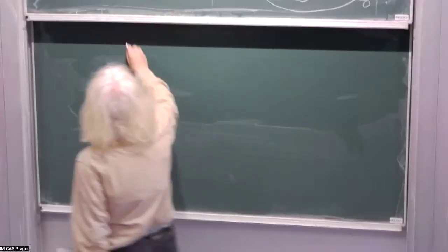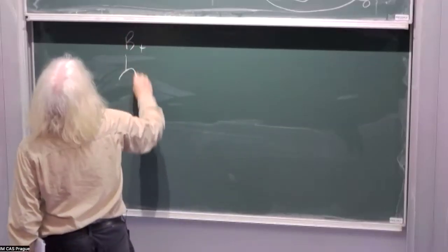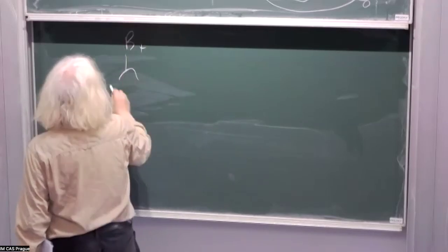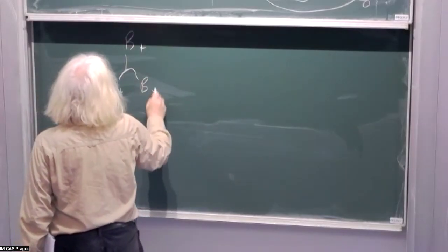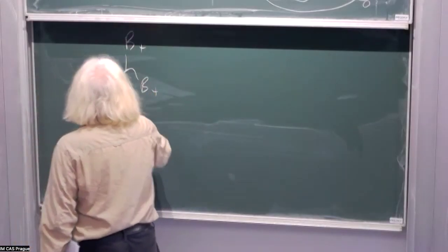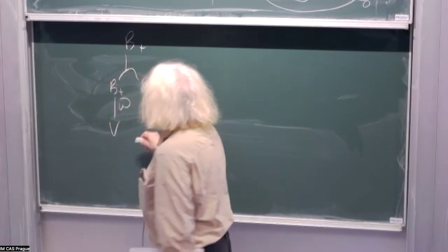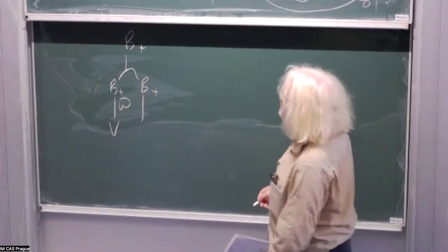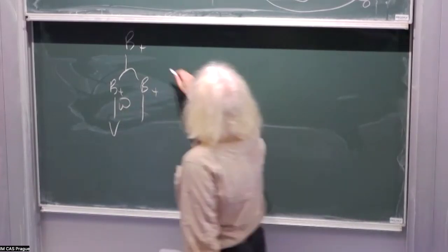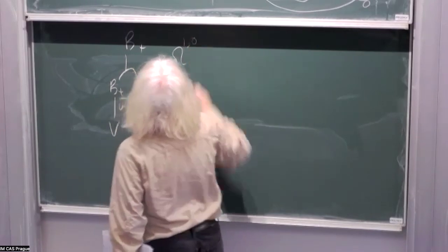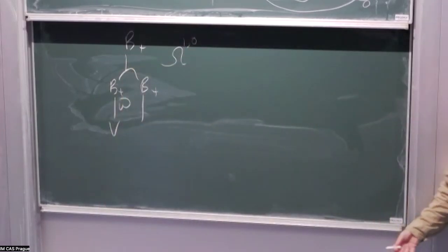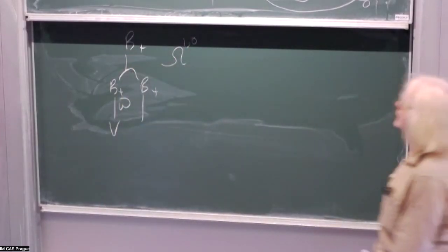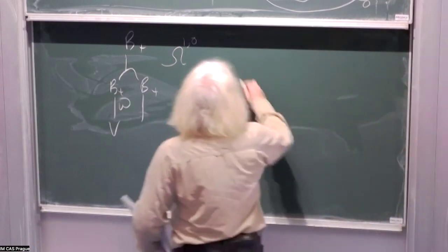But there's another one that we can have. We could take the co-product again, B plus to B plus tensor B plus. We could take projection to the first, just to V on this side. And that will give you another sided calculus, which is entirely natural to have as well. It's just the opposite to the usual choice. Well, why not?